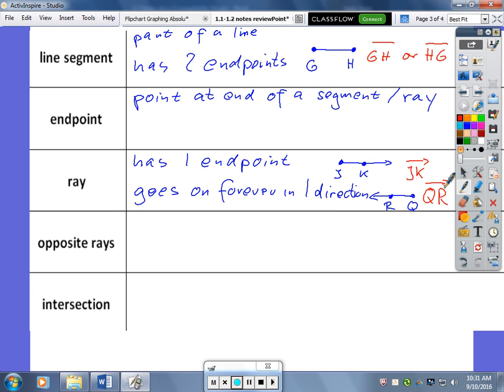And the other ray is called ray QR. Please note that here for the rays, it's important that the letter that comes first is not by alphabet, but it is the letter of the endpoint. J is the endpoint of this ray, and Q is the endpoint of this ray, and that's why those 2 letters have to be the first letter when we name that ray.